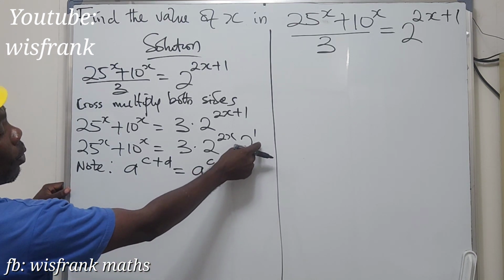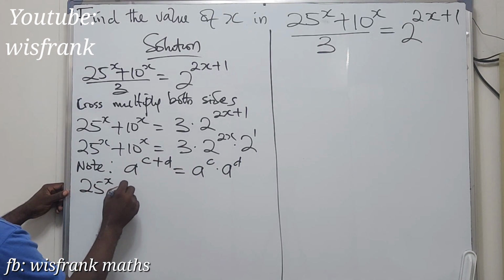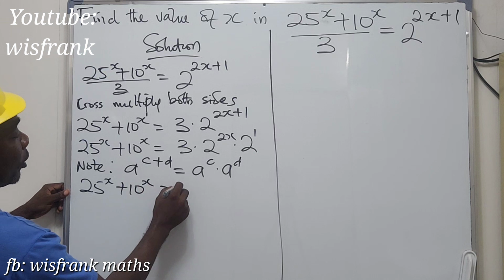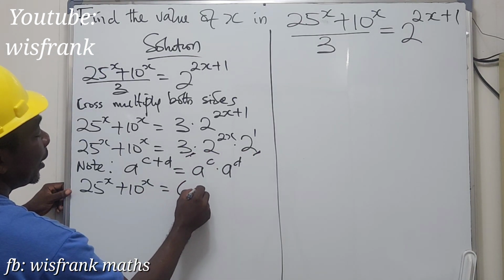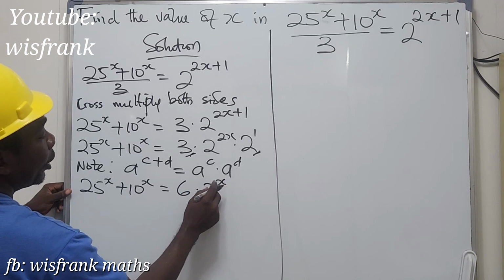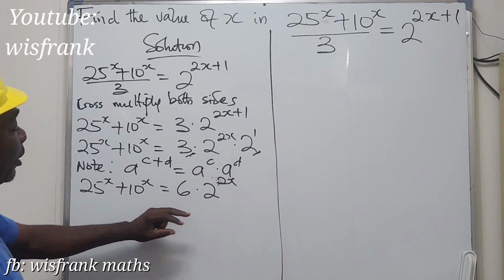So this is why we have this. So this will become 25 to the power of x plus 10 to the power of x equals, we have 3 and 2 here, 3 times 2 we have 6, times 2 to the power of 2x. So that is what we have now.